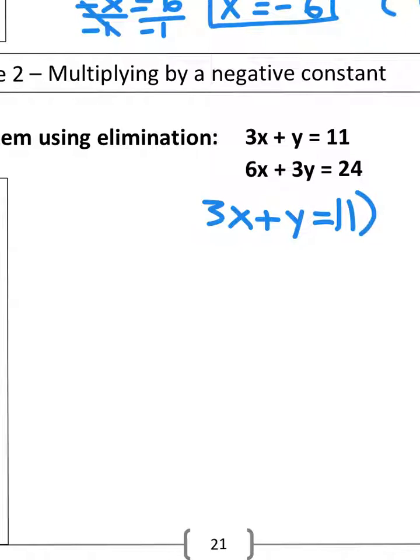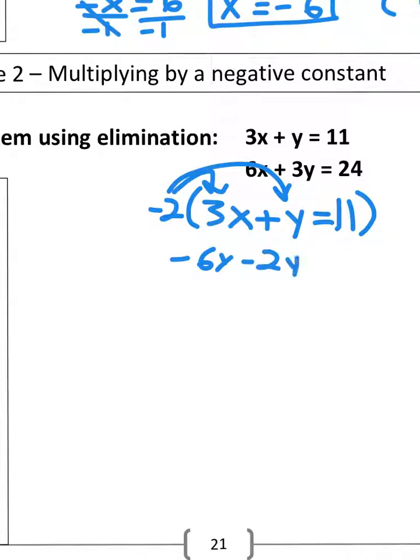And I'm going to multiply the whole thing times negative 2. Negative 2 times 3x is negative 6x. Negative 2 times y is negative 2y. And negative 2 times 11 is negative 22.